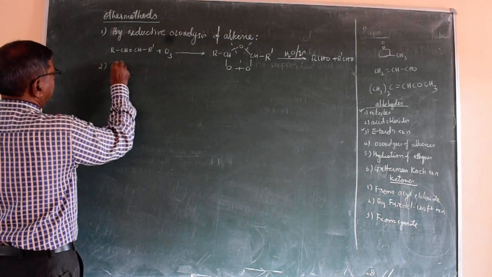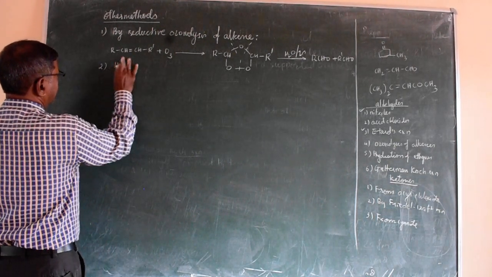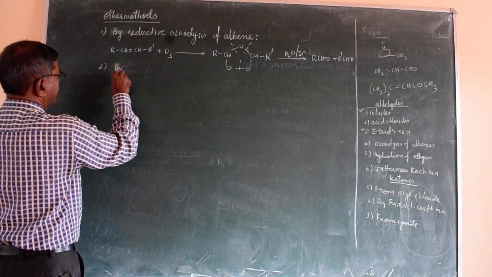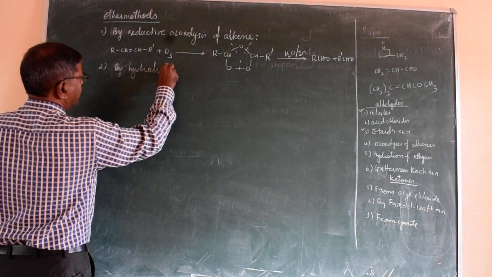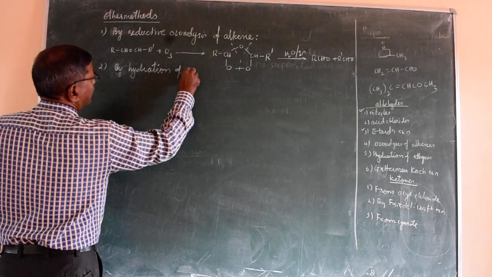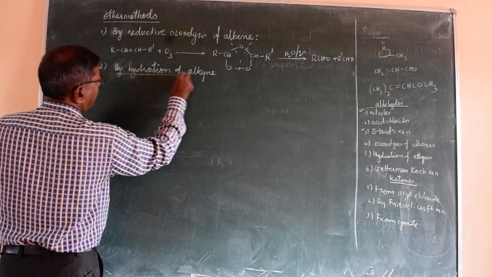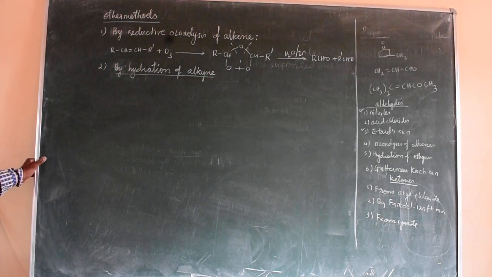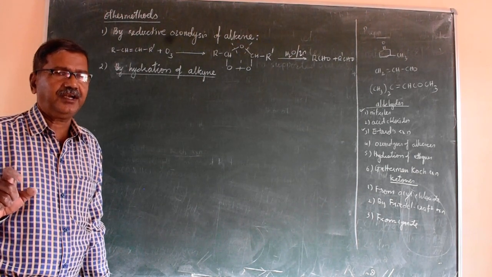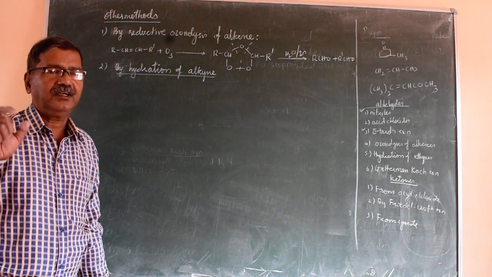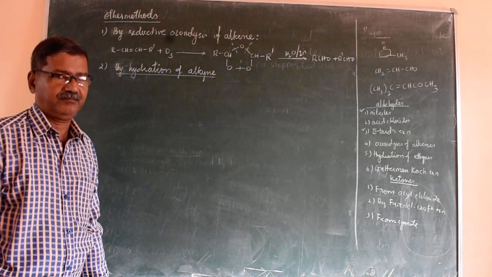Second one, hydrolysis, that is, hydration of alkyne. By hydration of alkyne, remember, you get an aldehyde from the alkyne only when the triple bond is present on the terminal carbon.